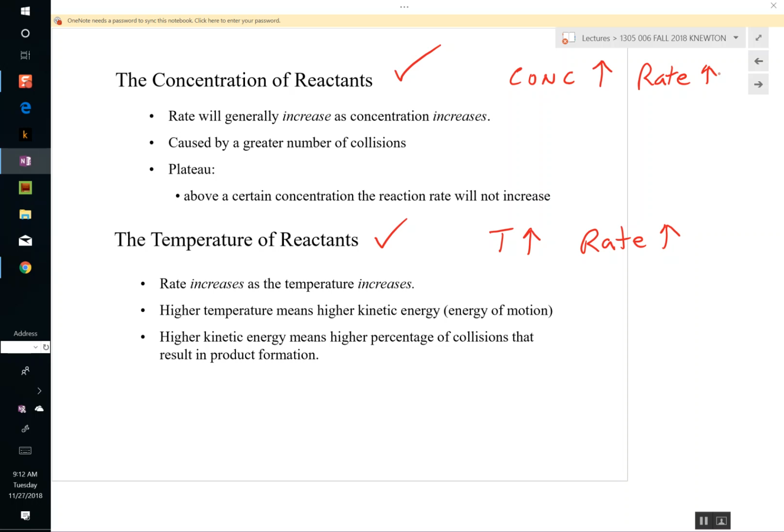At a certain temperature, you could have nitrogen and hydrogen bumping into each other and nothing's happening. They don't react. Just bumping into each other doesn't mean they react. They have to bump into each other enough that bonds break and new bonds form. And you raise the temperature and bam, they're slamming into each other.